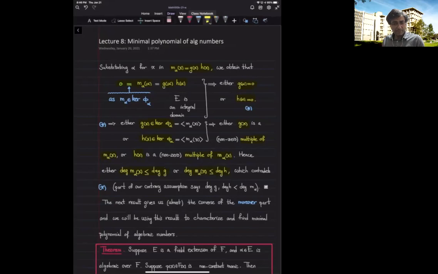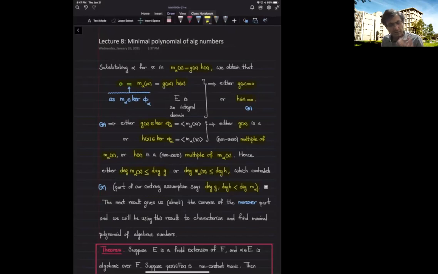But this contradicts the assumption that both the degree of g and the degree of h are strictly less than the degree of the minimal polynomial. So we reach a contradiction, and this gives us this important property of the minimal polynomials, that they cannot be written as a product of two smaller degree polynomials in F[x]. In fact, this condition can characterize minimal polynomials, and this will help us to find minimal polynomials of a given algebraic number alpha.